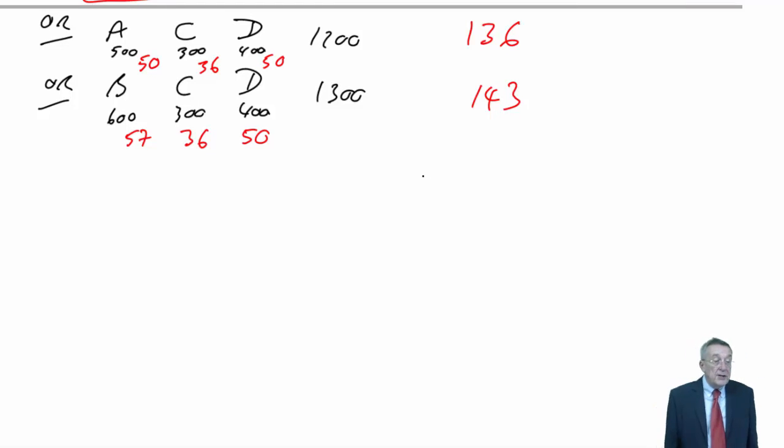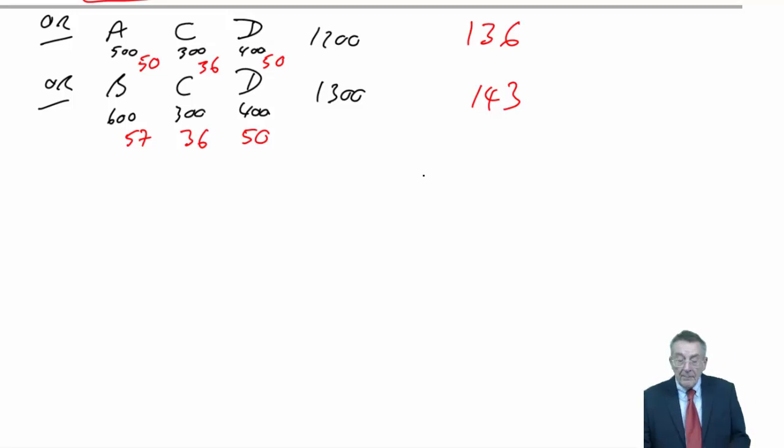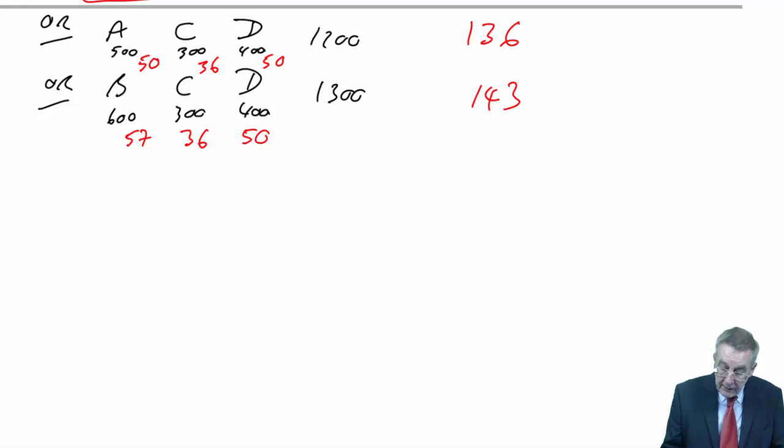I will finish on one final thing, which isn't mentioned in the notes, I don't think. No, but just to be safe. There are actually 2 reasons why capital might be rationed, why there's a limit. The first reason is in fact the most obvious. It's called hard capital rationing.